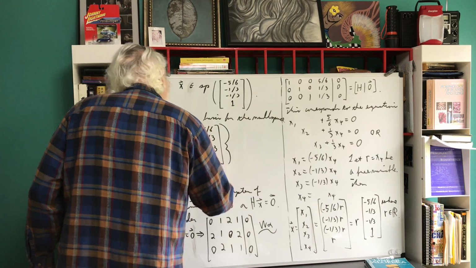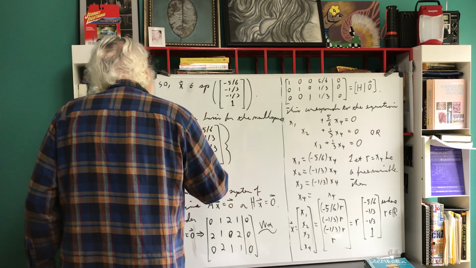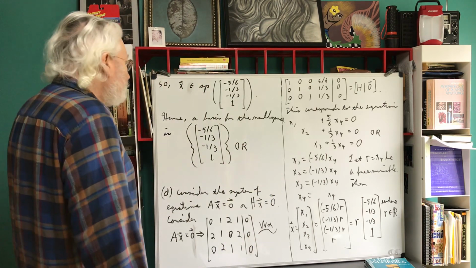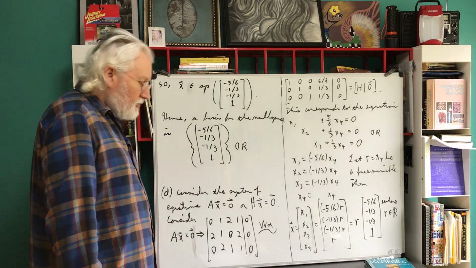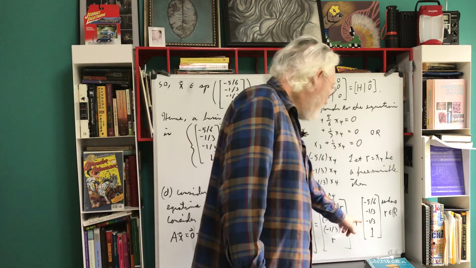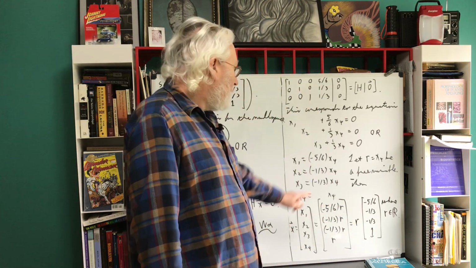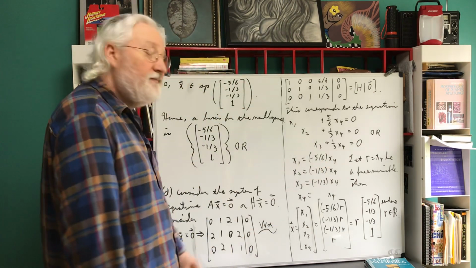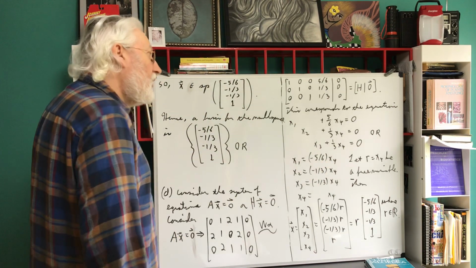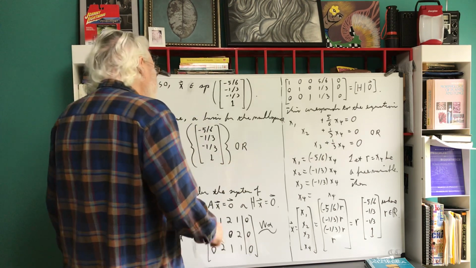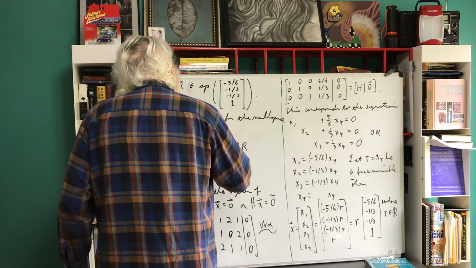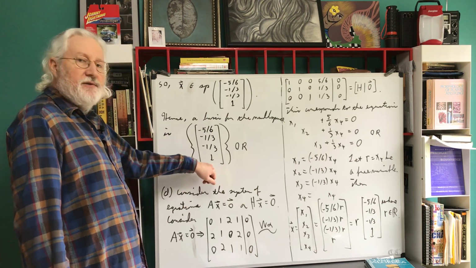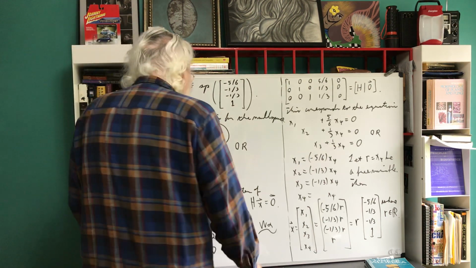All right, that's a little unelegant, but that's a basis. You know, I could have played a little trick over here, and instead of letting x4 equal r, I could have let r equal x4 divided by 6, and it would absorb all of those divided by 6 divided by 3 things. Alternatively, I can view it as taking some non-zero multiple of this, and we'll still have a linearly independent spanning set.